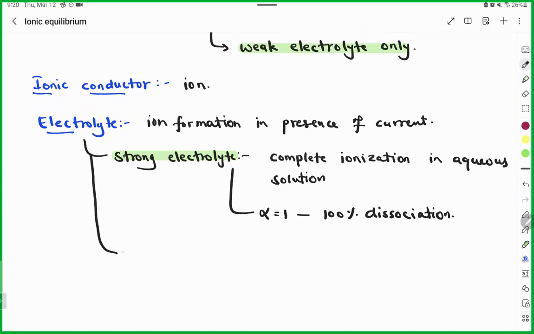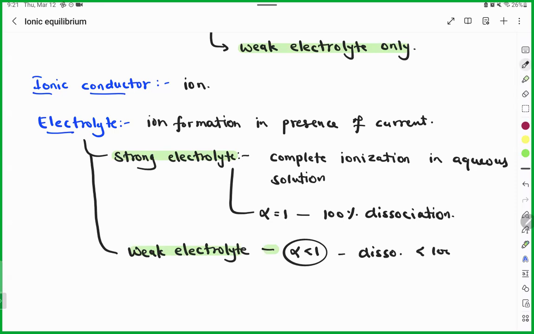Correct. The second electrolyte is the weak electrolyte. In the case of a weak electrolyte, 100% ionization is not possible. That's why it is weak. So your alpha value will be less than 1, or dissociation will be less than 100%.